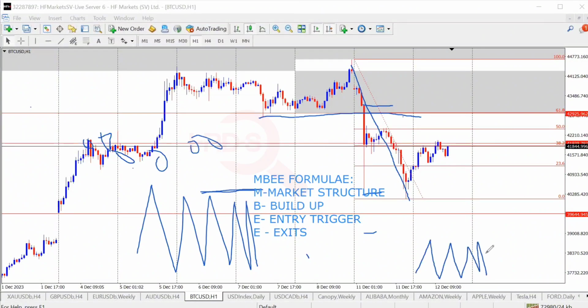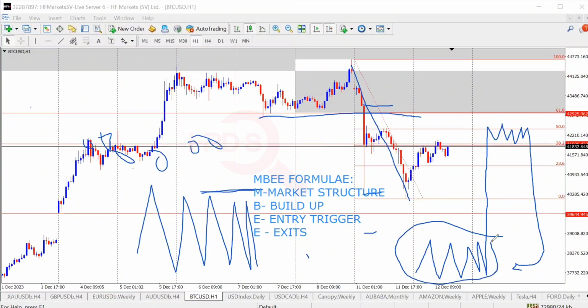We have accumulation here, we have expansion, we have distribution here, we have decline, and then we go back to what? Accumulation. So build up at accumulation, which is this, simply shows that buyers are willing to buy at higher price. Even though this level is not the lowest price of these assets, buyers are willing to buy there. And then there is a lack of selling pressure to push price lower.